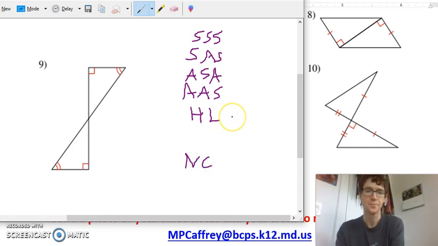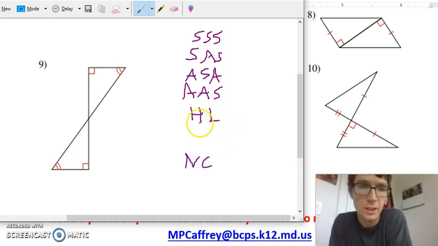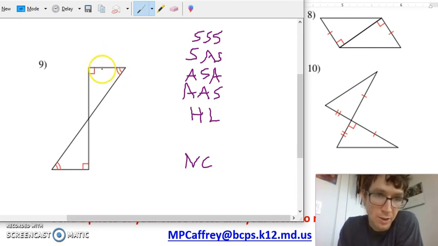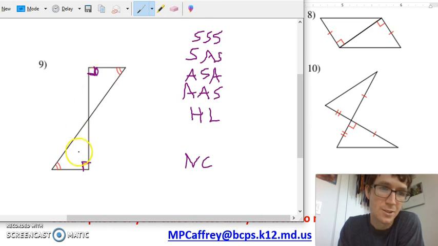not congruent. Okay, so what we have in this one is we have this right angle and this right angle. Whenever you have two right angles, you know those angles are at least congruent. They have to be the same degree measure because they're both 90. So I'm saying this and this match.